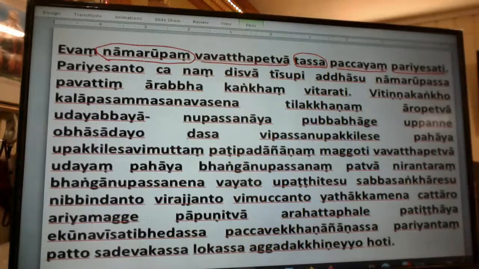Avijja is the main cause, craving also, kamma, action also. Yes, we learn the dependent origination, Paticcasamuppada, causes.